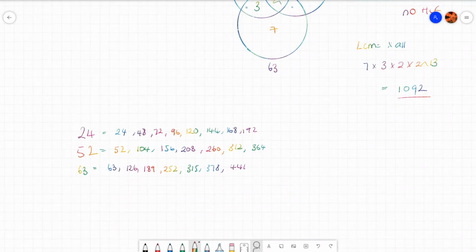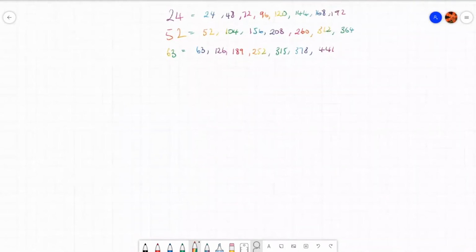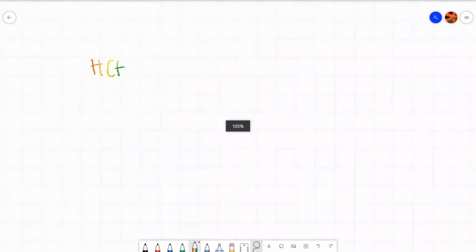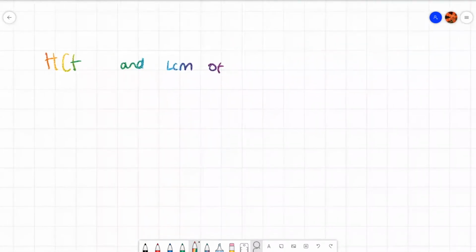Let's have a look at one more example with 3 numbers in. Okay, let's have a look at the highest common factor and lowest common multiple of, let's do 64, 36, and 120.